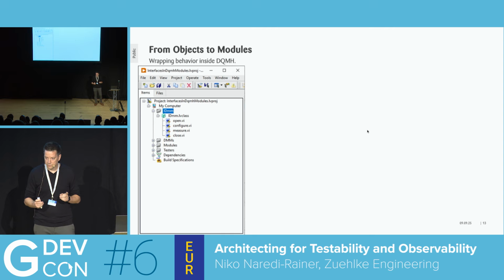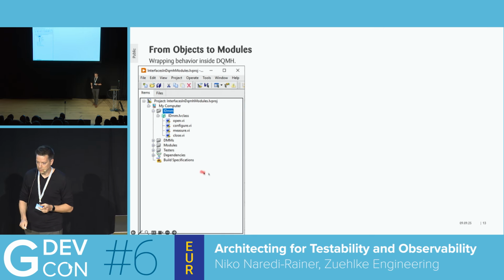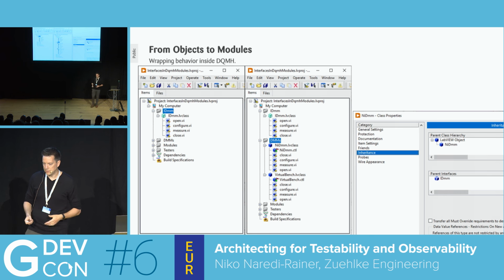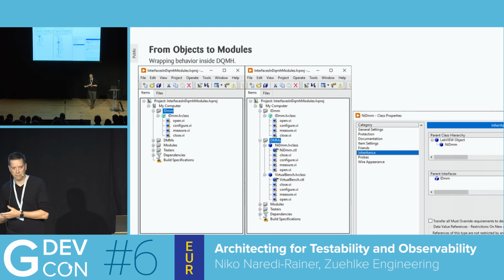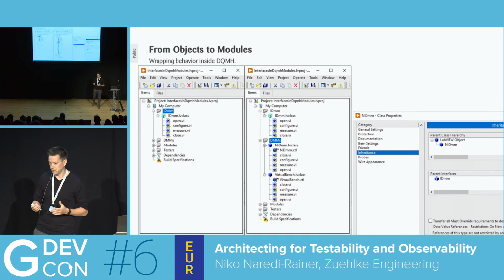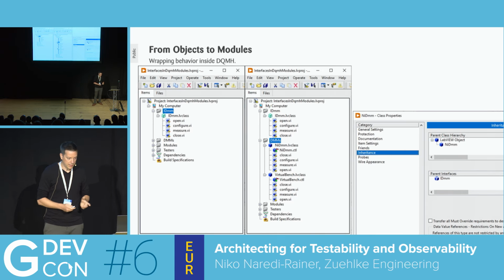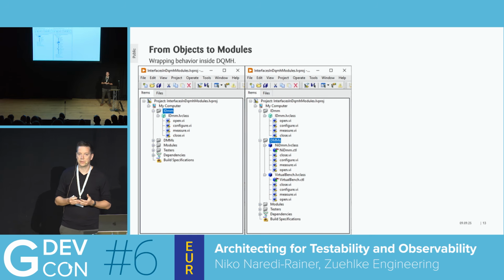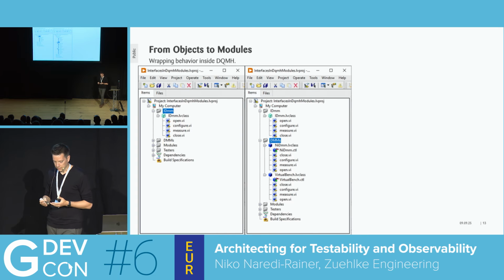So we started off with our interface, right? So we have our interface here on the left, our DMM interface. We implement that interface into whatever we have, whether it's an NI DMM, Keysight DMM, virtual bench, whatever it is. And then for us, as I said at the last GDevCon talk, the DQMH framework is our go-to choice.